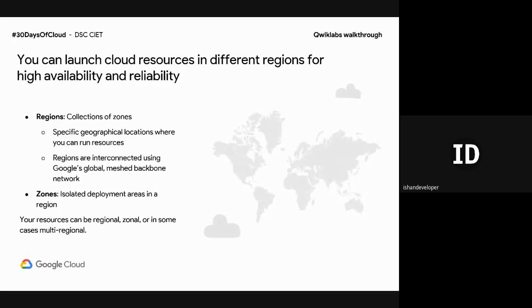And whenever the visitor is from the US or China, it will send that to the data centers nearest to them. GCP also allows you to set a collection of zones, specific geographical locations, and isolated deployment and other stuff, multi-regional as I explained.